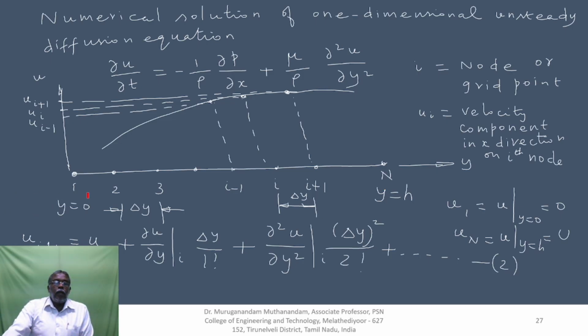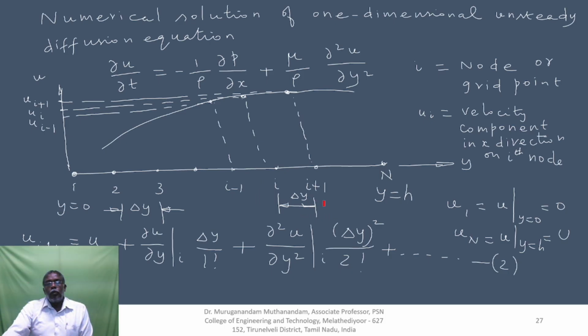So for each and every value of y, from the boundary in the domain limits y equal to 0 and h, we can have a correspondence with the indices. When y is equal to 0, it corresponds to index 1. When y is equal to h, it corresponds to index n. When y is equal to y at I, it corresponds to index I. When y is equal to y minus delta y, it corresponds to I minus 1.